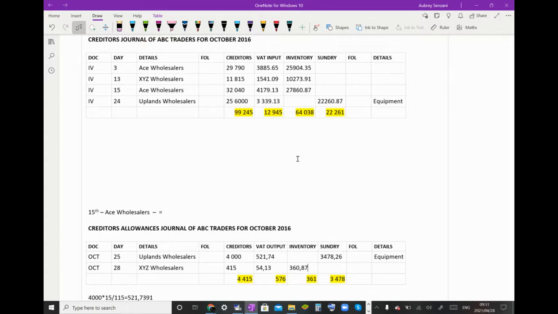But now we're turning around and saying, actually, we're returning equipment worth 4,000. So in effect, what we've actually purchased is worth 21,600. Does that make sense? So SARS is saying, hey, hold on. You then need to reduce the amount of input VAT that you're claiming from me because you returned some of this stuff.